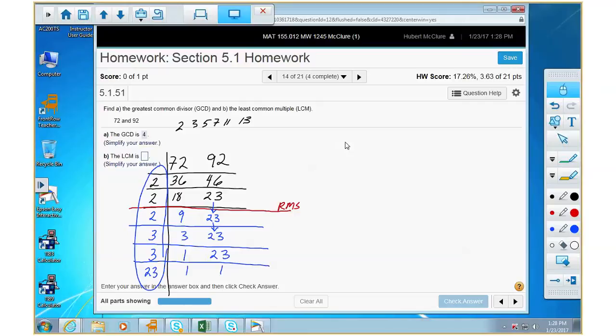Oh, darn, I done got mixed up. 216. And I done forgot the other number. What was the other number? 72 times 20. 1440 plus 216. 1656. What does it come out to be?